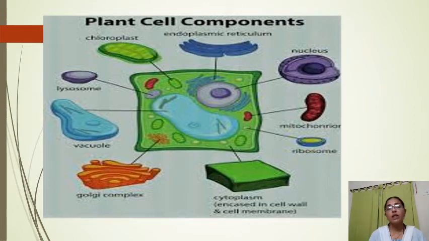These are the components inside the cell. As we have a heart, brain, skin and blood, the cell also has its parts. Where are cells found? Cells are found in our body. We are made up of cells.